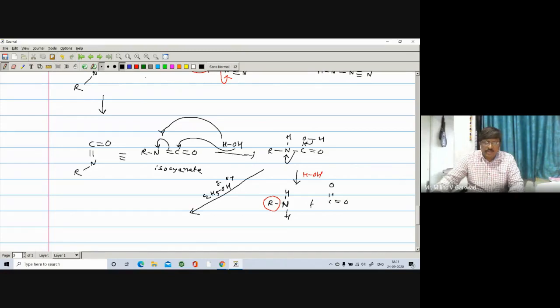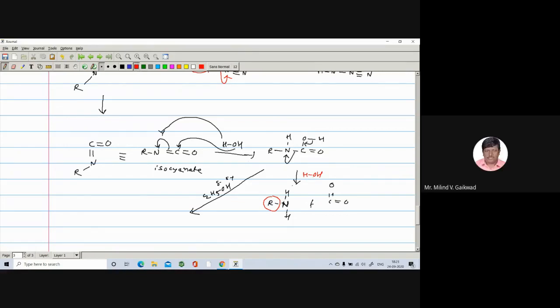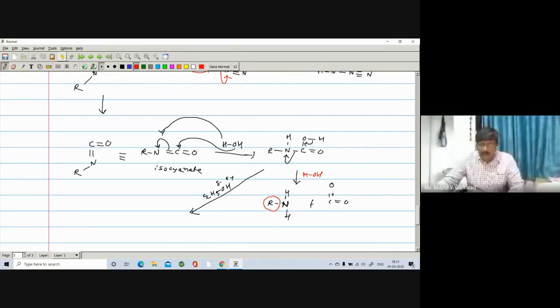So here is a N negative, means H positive will attack. But here it's an attack on the isocyanate. Here we have written the water. It undergoes dehydration, so there is no need to write water here because we have already written water here, right?